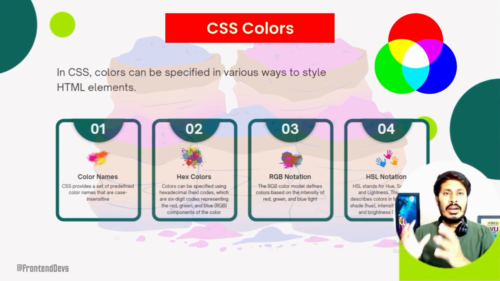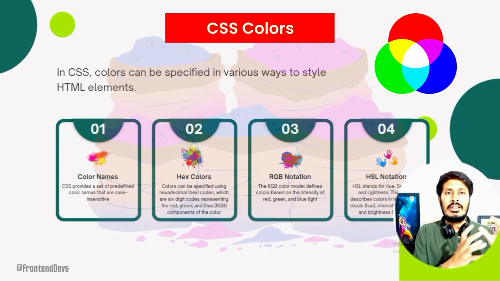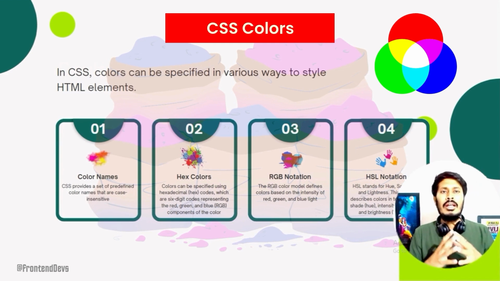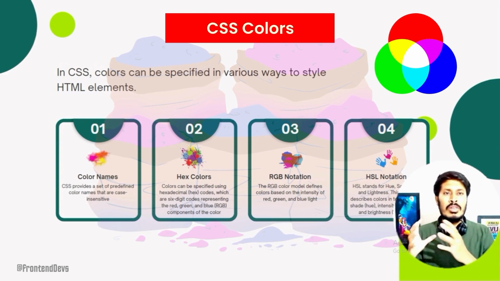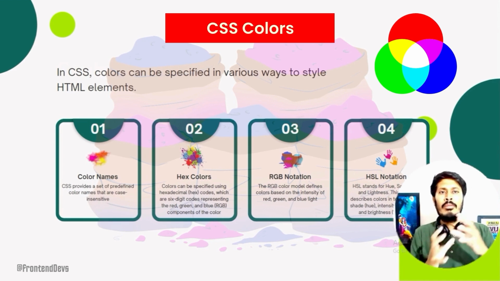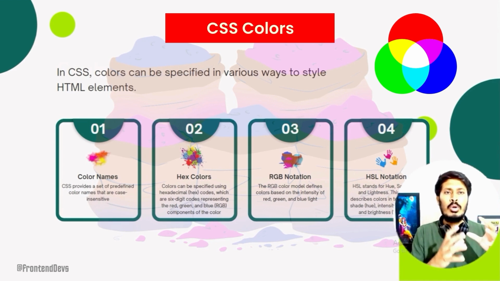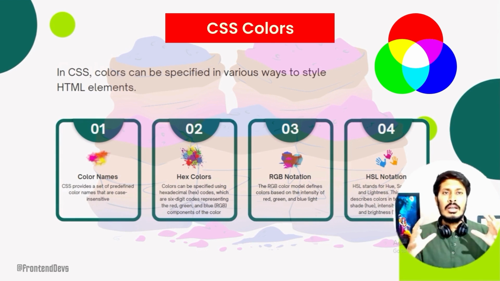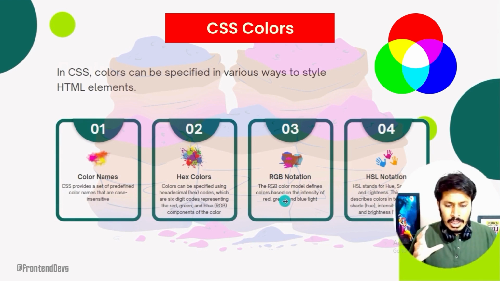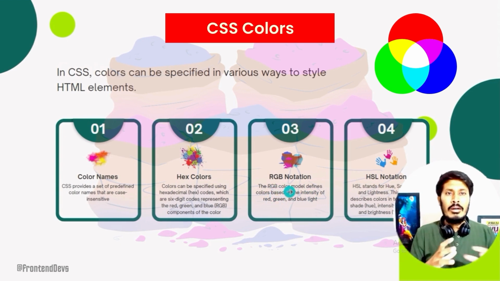The first one is red, the second one is green, and the third one is blue. The value starts from 0, that is minimum, and the maximum it could go to is 255 for all three colors. The RGB notation color model defines the color based on the intensity of red, green, and blue light.